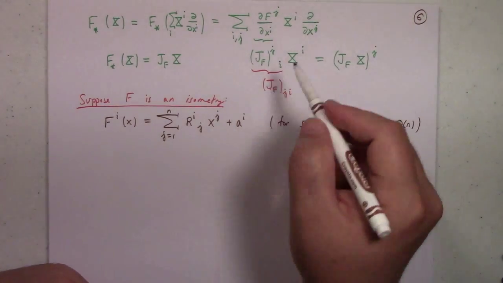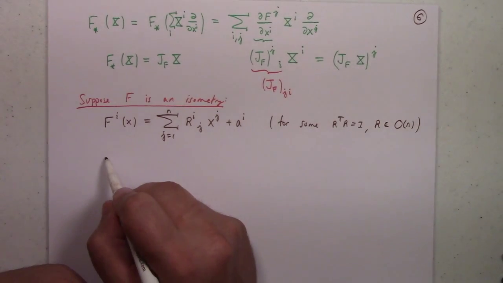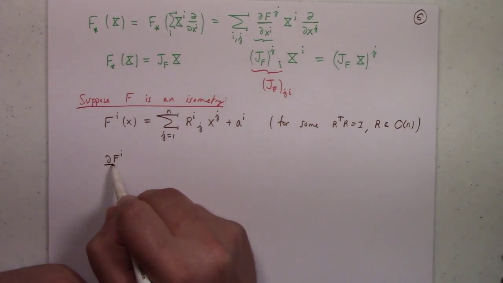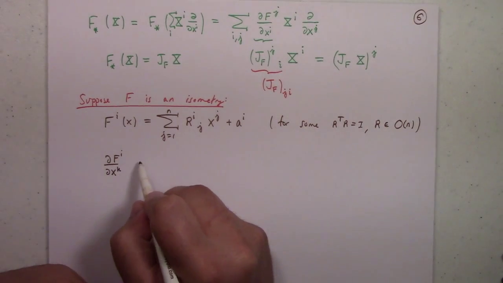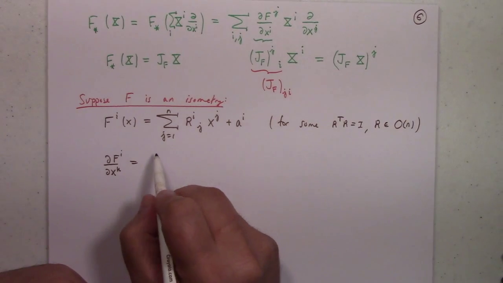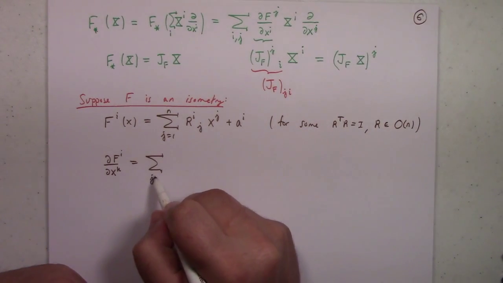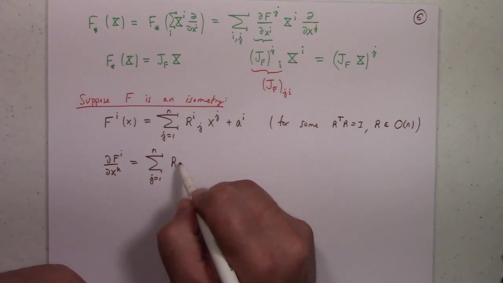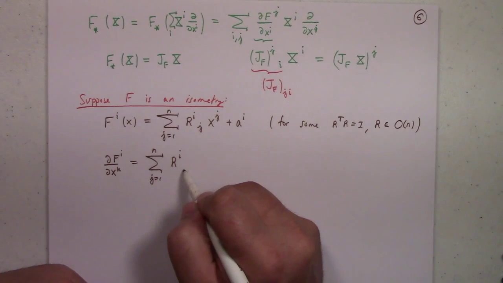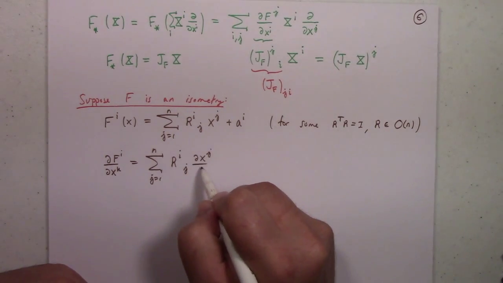So if you were to calculate the Jacobian matrix of an isometry, what do you get? Well, partial F i, partial x k. I can bring the derivative inside the summation. These are constants, so the derivative goes right past those, and it just hits the coordinate function.